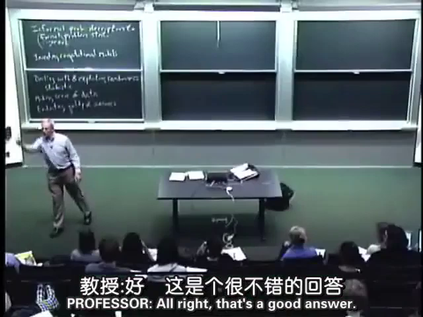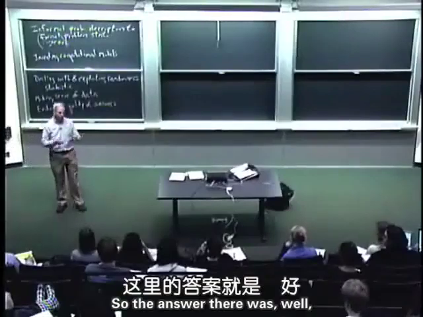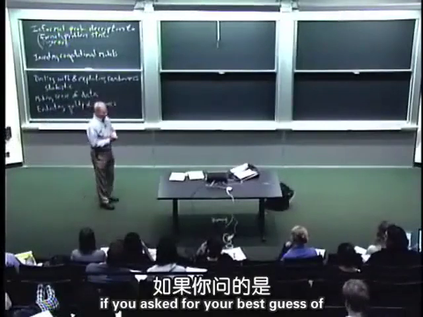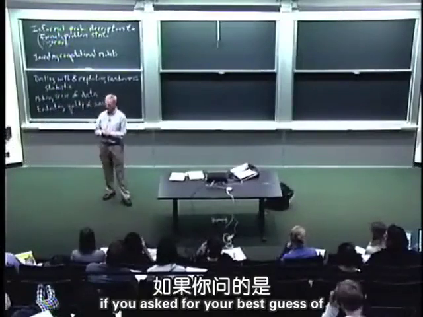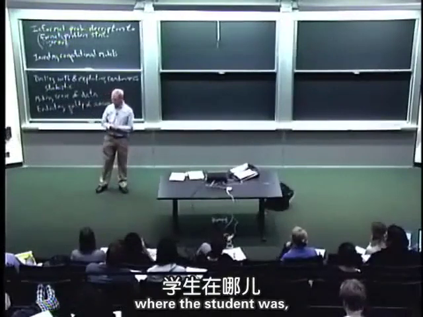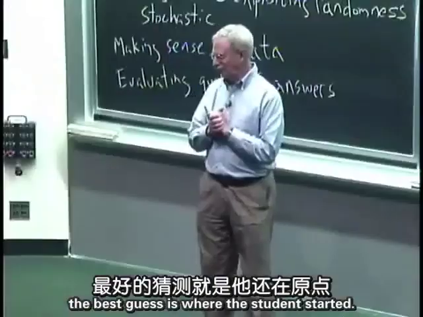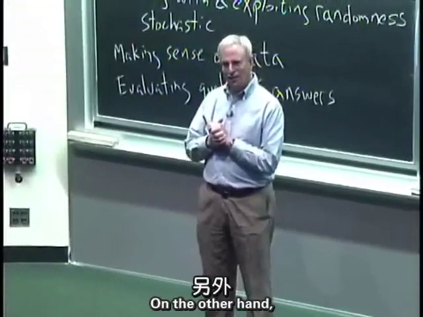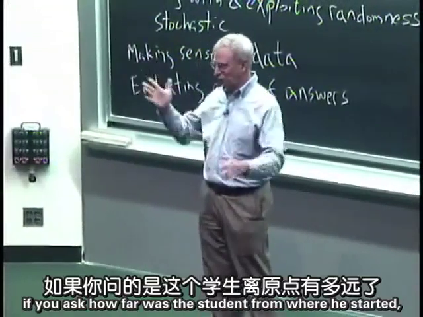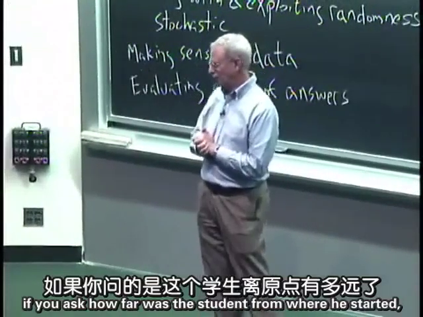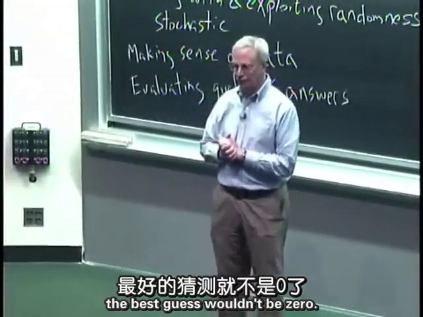All right, that's a good question. Good answer. So the answer there was, well, if you asked for your best guess of where the student was, the best guess is where the student started. On the other hand, if you asked how far was the student from where he started, the best guess wouldn't be 0.